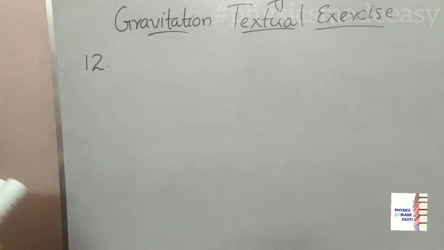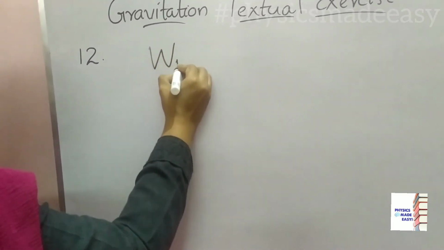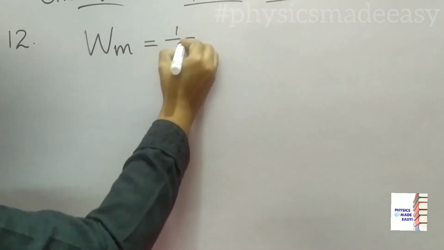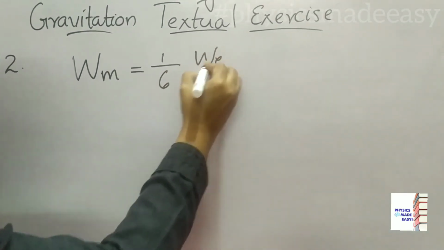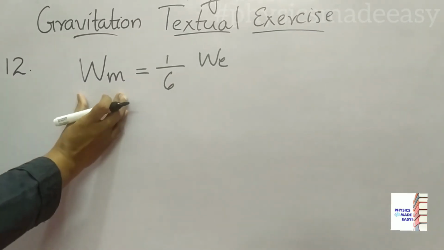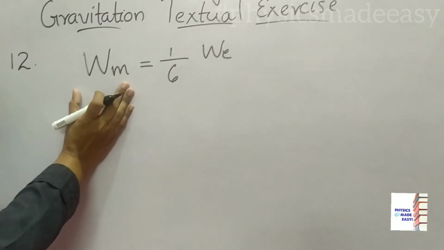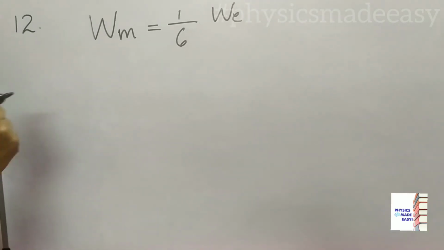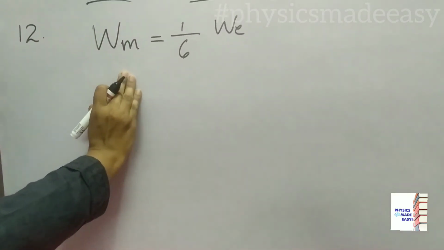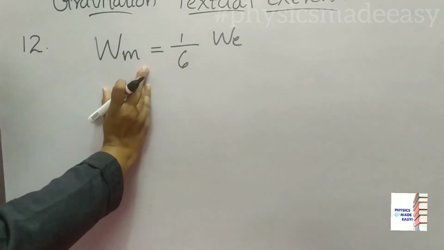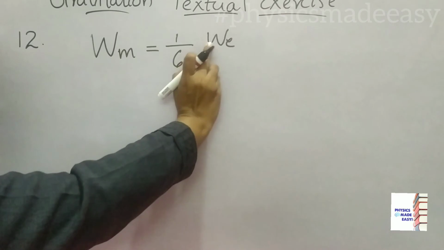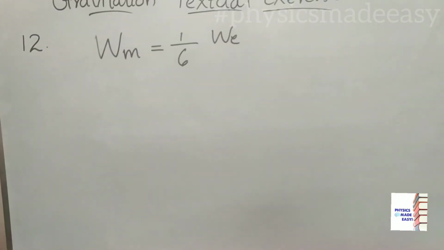That time we wrote it this way, Wm is equal to 1 by 6 We. Here the weight of that object on moon means the gravitational force. Weight is the gravitational force there. So here you can see the gravitational force on the moon is 1 by 6 of gravitational force on the earth.